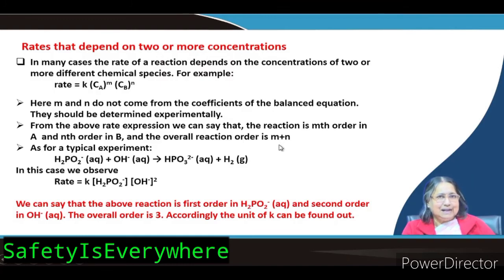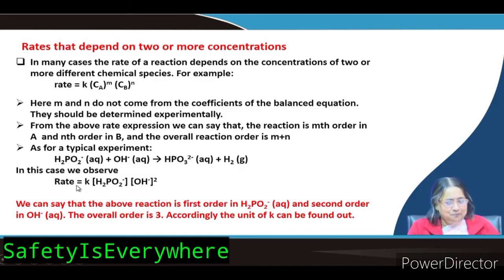A very nice example here: it is the reaction of H2PO2 minus and OH minus in aqueous phase to give HPO3 2 minus and hydrogen, which is a gas.